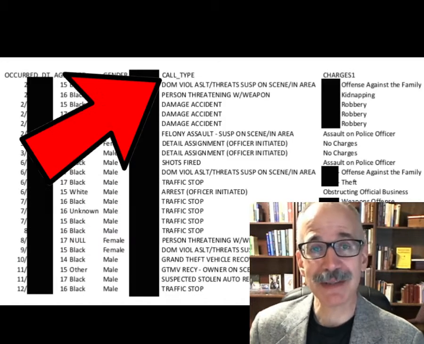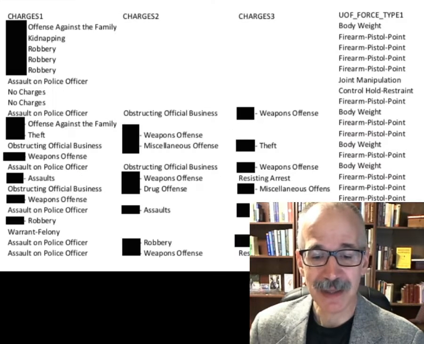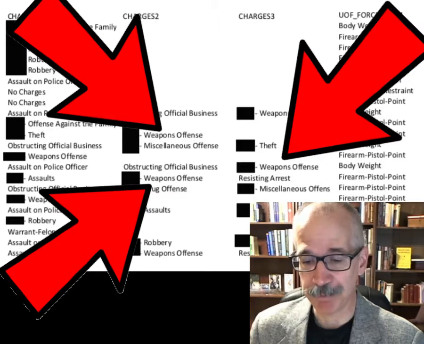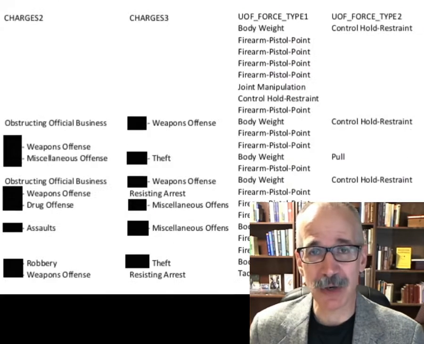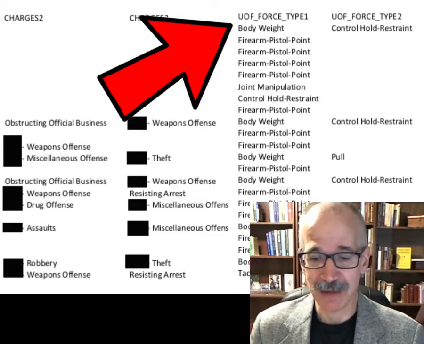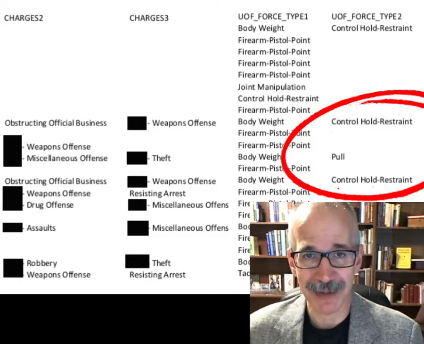The call type, this is what the officer was dispatched on. And then you can see the charges, sometimes multiple charges brought against the juvenile, including all sorts of things, weapons charges, resisting arrest, and whatnot. Both of the last two columns are the types of force that the officer used, everything from drawing his or her firearm to just control, pushing, pulling, that type of thing.